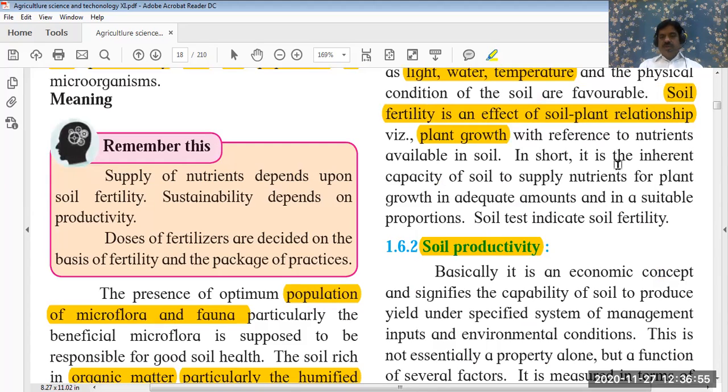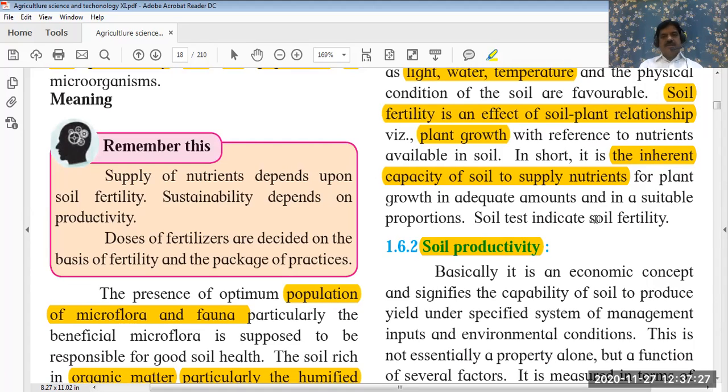Now again, one more thing: it is the inherent capacity of soil to supply nutrients. Soil fertility is inherent capacity, meaning it is a born capacity. Born in the sense that when soil is made from the rocks, at the same time the soil gets fertility. In fact, we cannot increase or decrease soil fertility beyond a particular level.